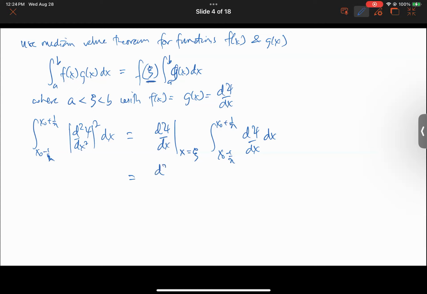We get d psi dx, x evaluated at psi, and then of course, we evaluate itong integral nito. Magka-cancel yan. So we'll have integral ng d psi, which is just psi, and then evaluated at yung upper limit of integration, and then yung lower limit of integration.